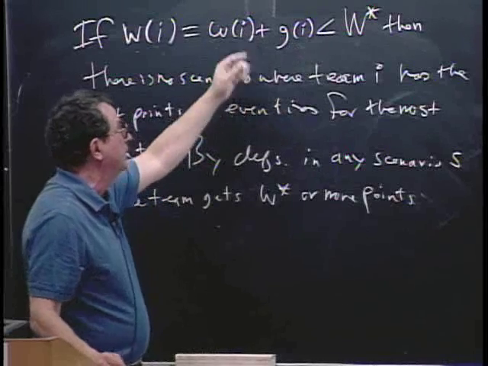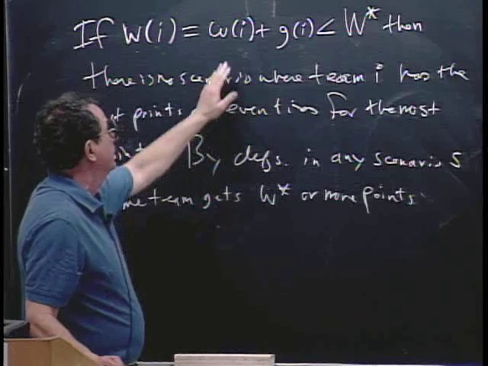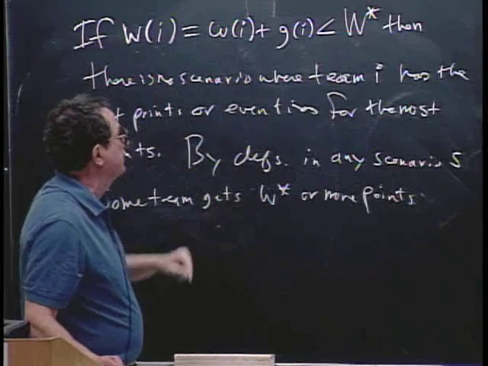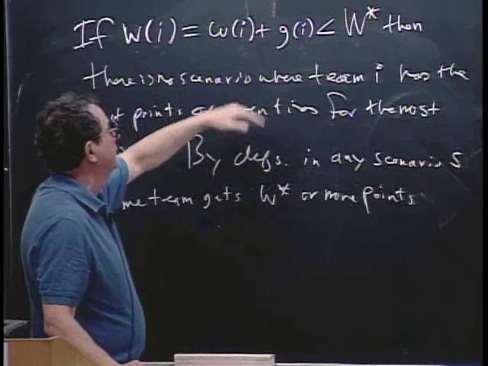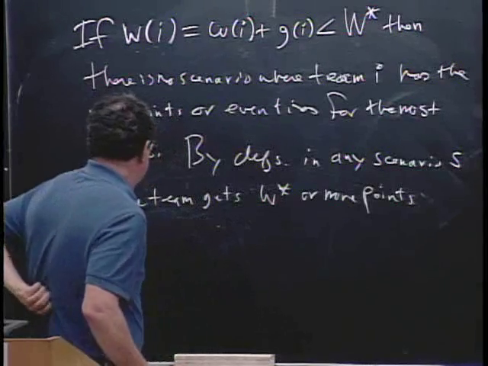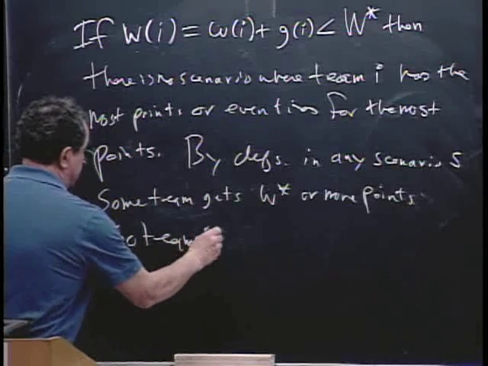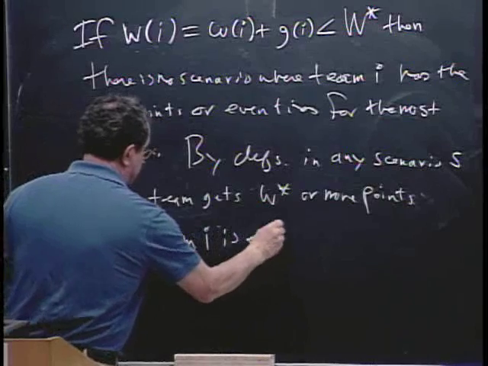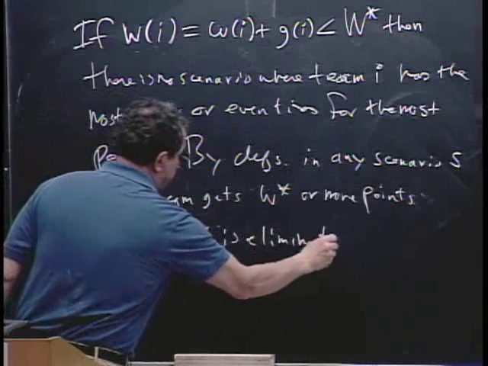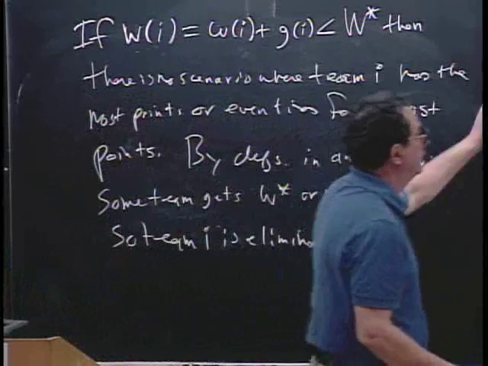So in every possible scenario of the outcomes of the remaining games, Team I is eliminated. It is not possible for Team I to be the winner. So Team I is eliminated. So that's one side of the proof of the theorem. Let's do the other side.